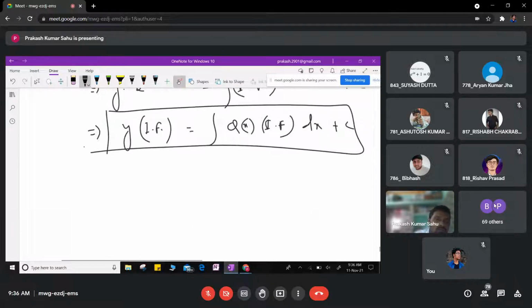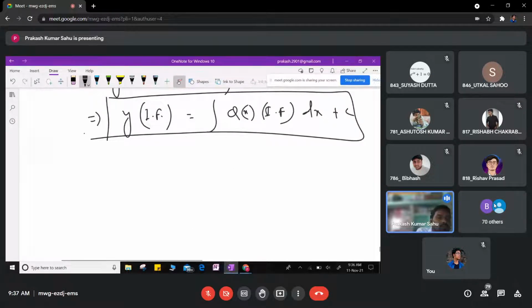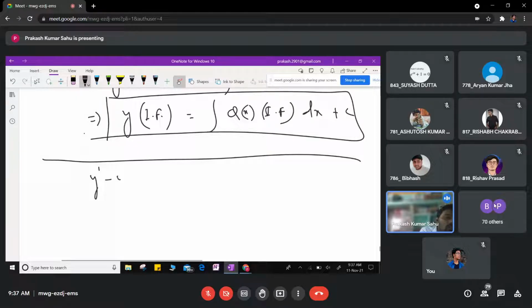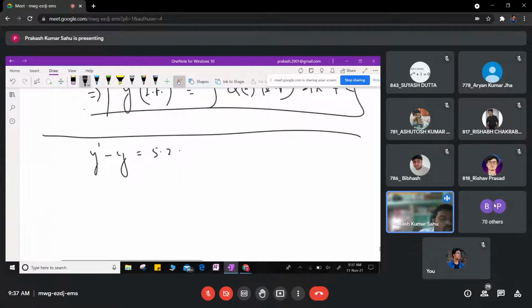Okay, so let us see, you can solve the problems. Suppose the question is y dash minus y is equal to 5.2. One question is given, very simple question. Y dash minus y is equal to 5.2. So this is a linear differential equation, yes or no? Why?